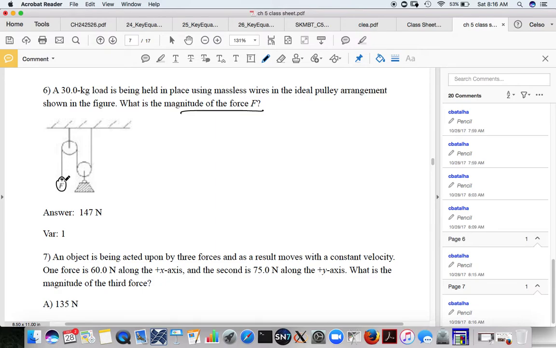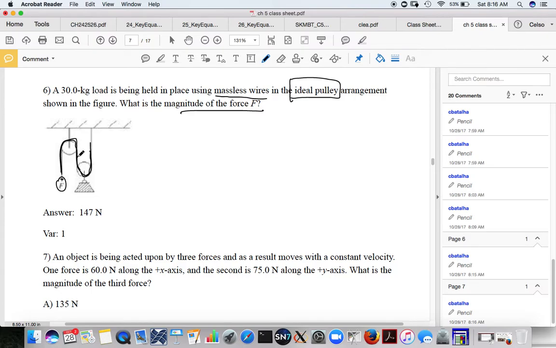So we have a cord here, and the cord is the same. It goes in here, up there, down here, and up here. So the wires are massless, and the pulleys are ideal. This is a key word to say the tension along this string or cord is the same. So you have a T all over.